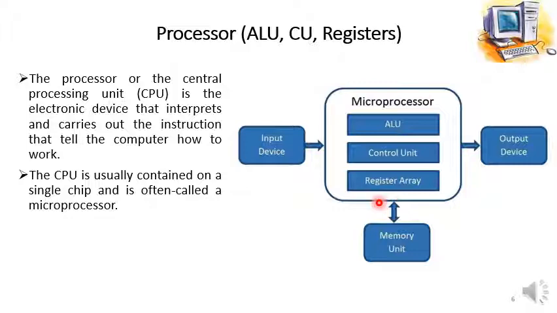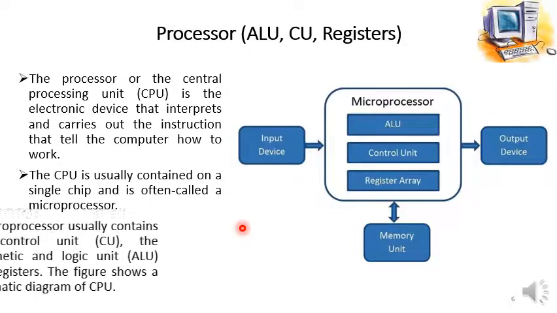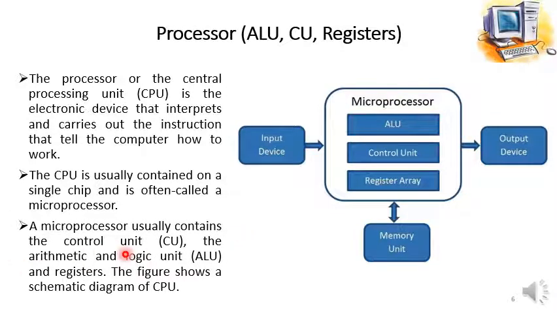So these are not separate devices, but they are combined together in a single chip. That chip is called microprocessor, and the main components of the microprocessor are ALU, control unit and register. A microprocessor usually contains the control unit, the arithmetic logic unit, ALU and registers. The figure shows a schematic diagram of CPU.